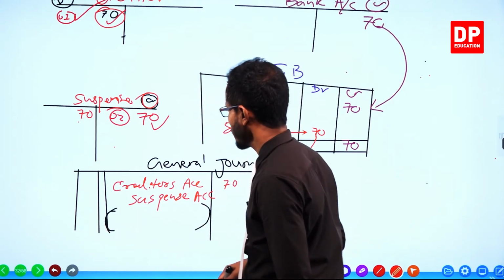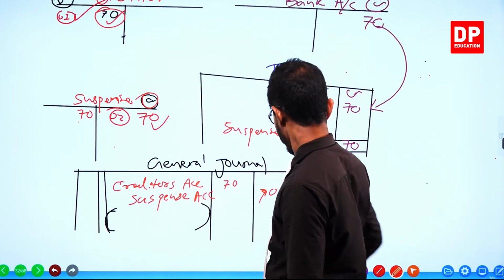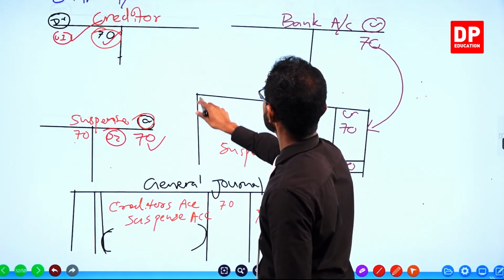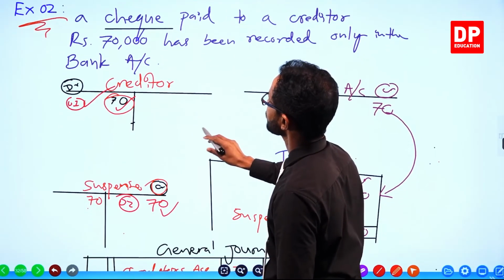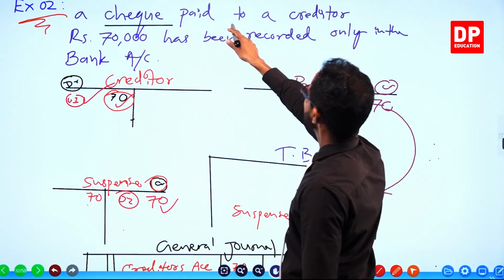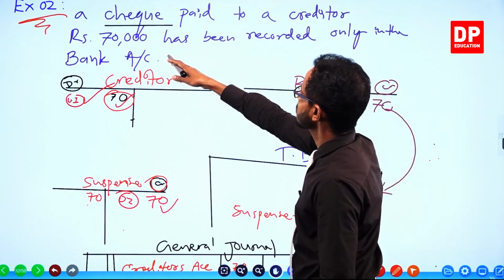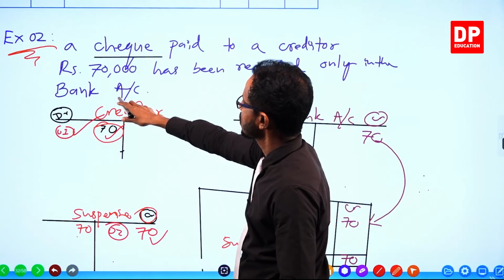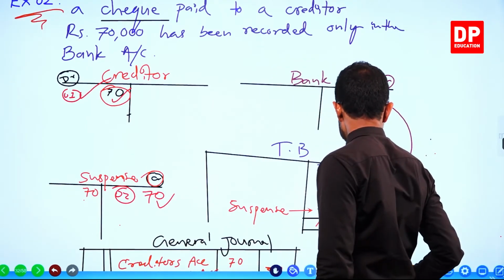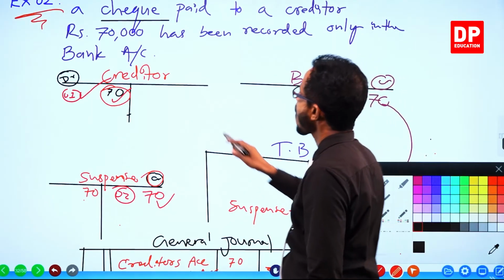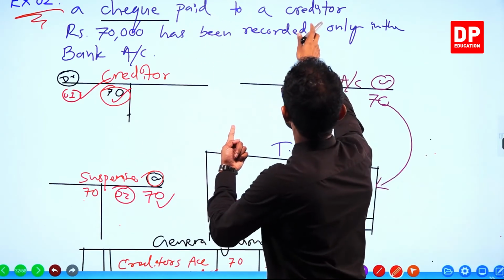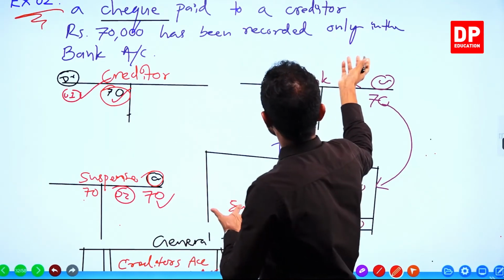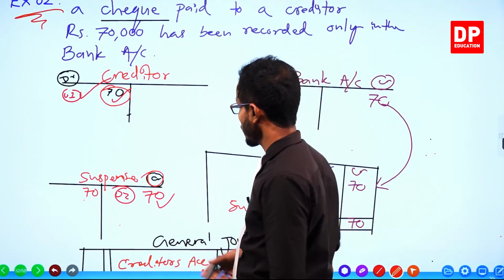What should be the narration? Corrected the error of, and you look at the error. What is the error? A check paid to a creditor, 70,000, not being recorded in the creditor's account, being recorded only in the bank account. You can write like that.